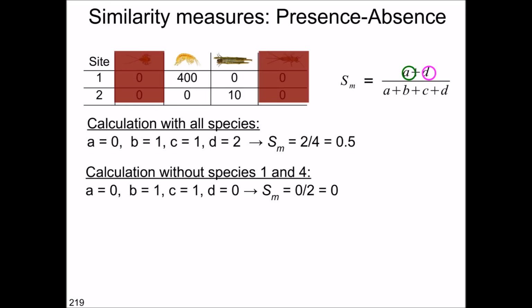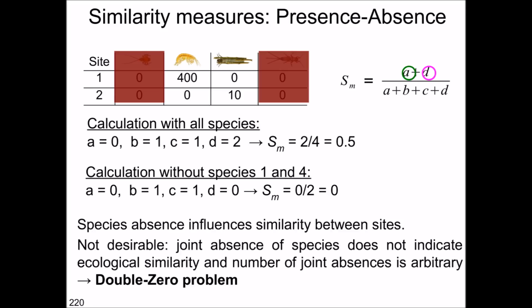Now, if you include only the species that occur in either of the sites, the simple matching coefficient becomes 0. Now, ecologically, this means that species absences influence the similarity between sites. And we should halt for a moment and think what this means.